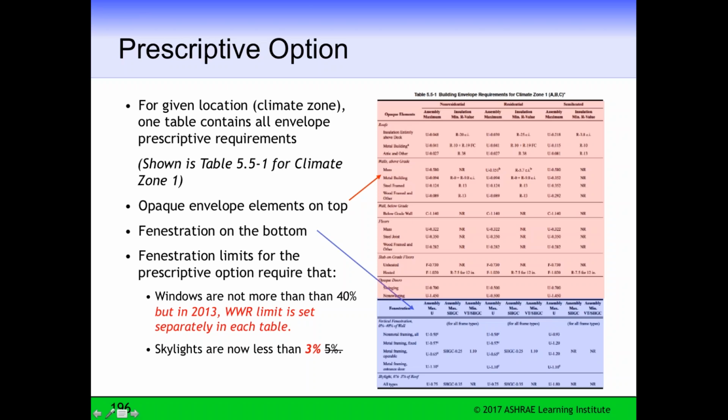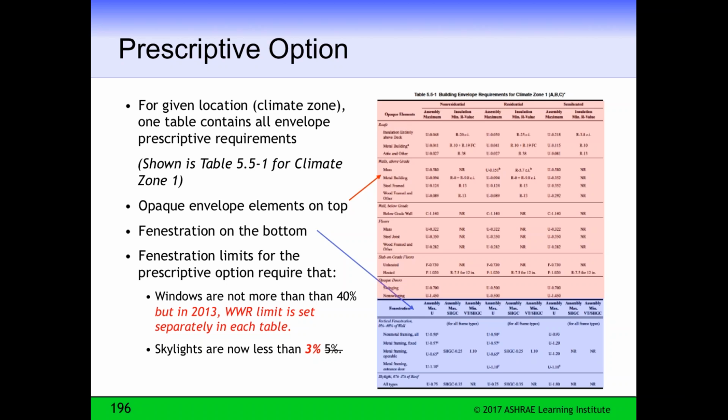All right, here we are with screen 196. This shows a building envelope requirements table. This table is one page in the standard that contains all of the prescriptive requirements for climate zone 1.